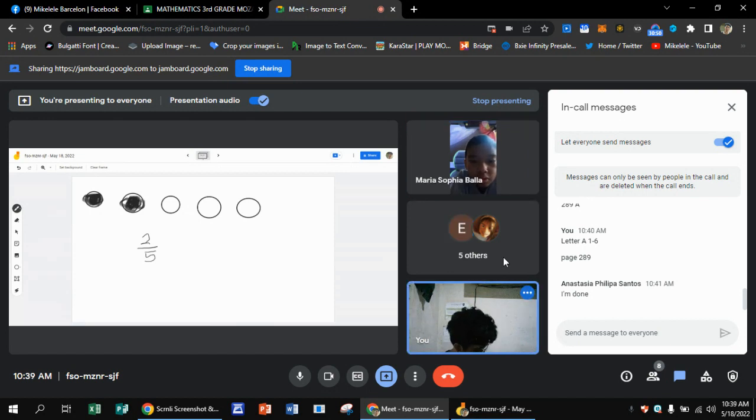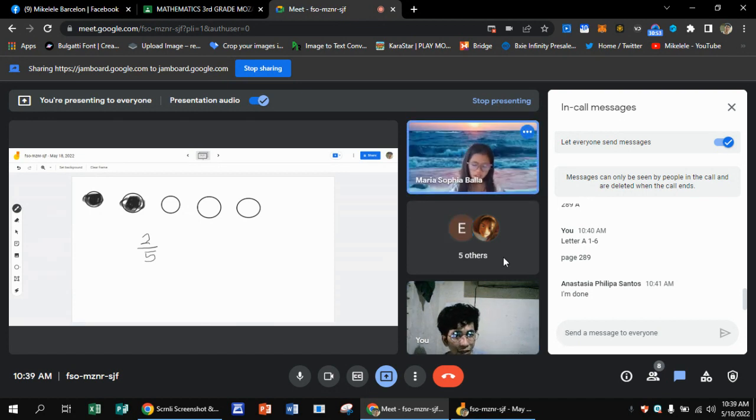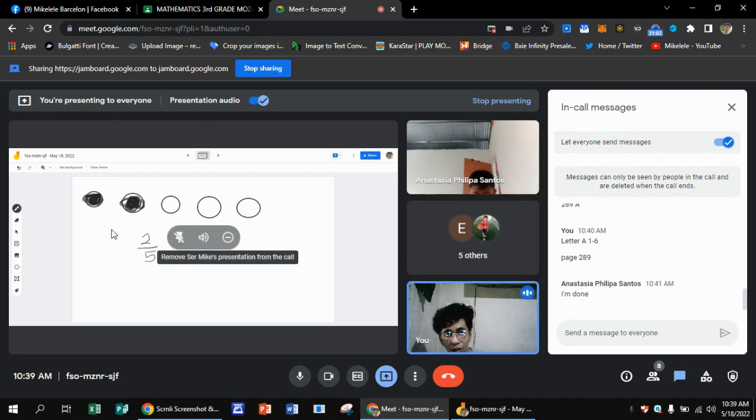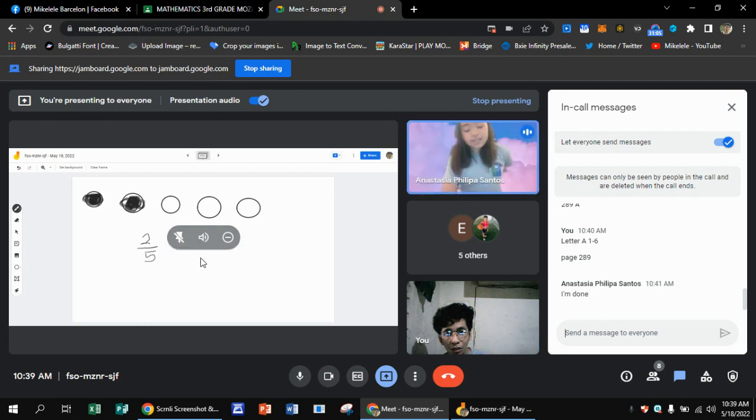Ella, sa page 289, bago may group work dyan, letter A, group work, letter A. So, like what you see on the whiteboard, nakikita mo ba yung whiteboard? Are we going to write the like 5/9 like that?